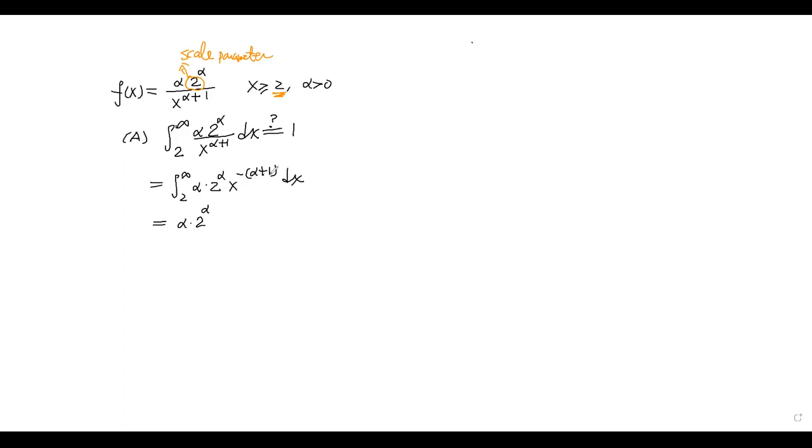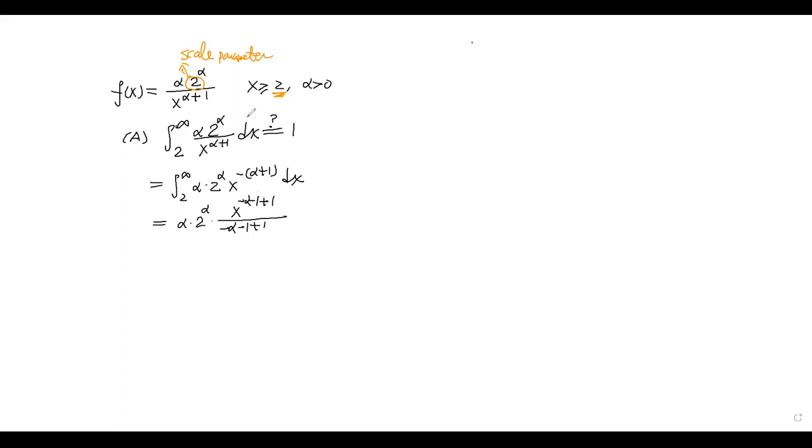So n is negative alpha minus 1, and we have n plus 1, which is negative alpha minus 1 plus 1, over n plus 1.